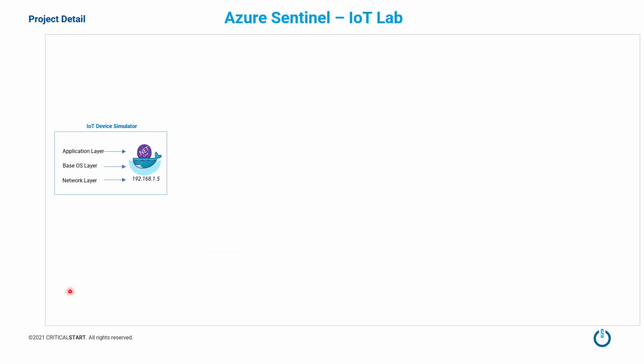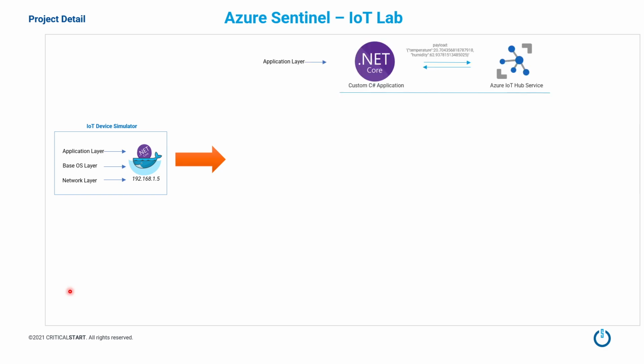Okay. So the first thing that this particular lab environment does for you is deploys simulated IoT devices. It actually simulates all three layers a particular IoT device has, which is application layer, base OS layer, and network layer.